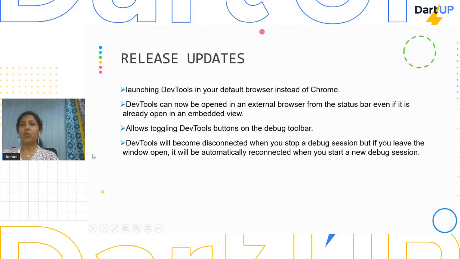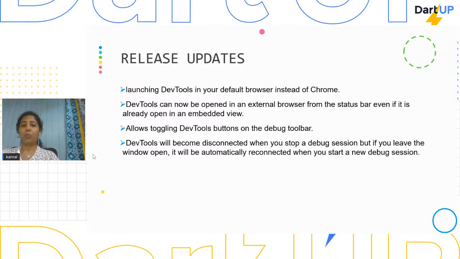And just to have a quick view of the releases related to Dart DevTools, I would say you no longer have to use the browser. You can have your own integrated DevTools. They are also launching DevTools in your default browser instead of Chrome. Initially it was just Chrome, but now you can get it on your default browser also.